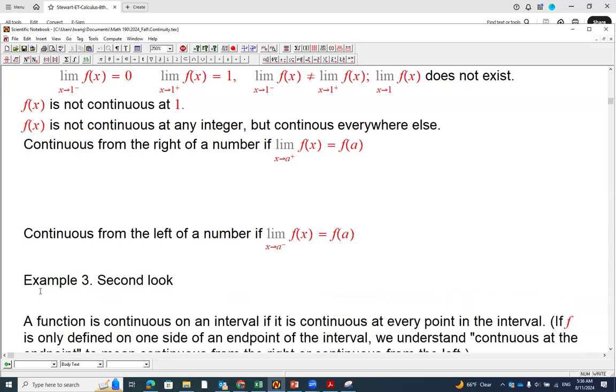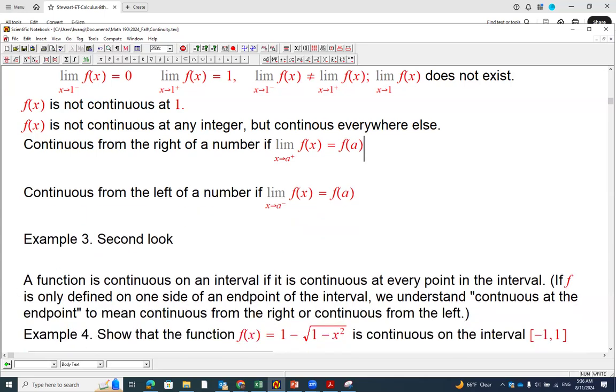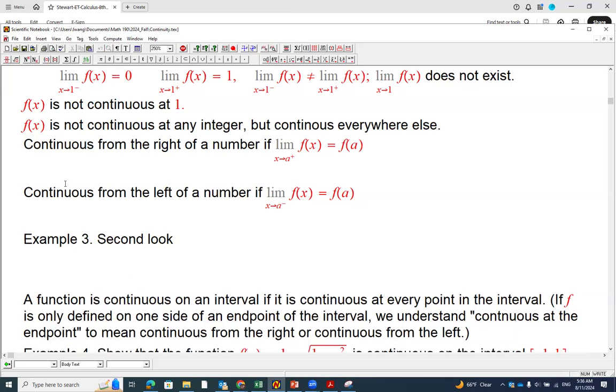I also mentioned we're going to take a second look at the example we just did. So what does it mean to be continuous from the right of the number, or continuous from the left of the number?